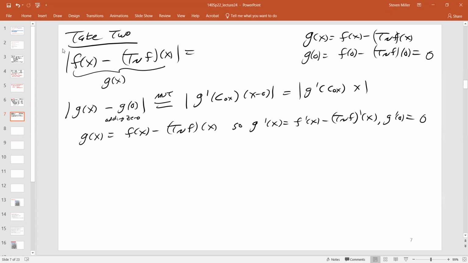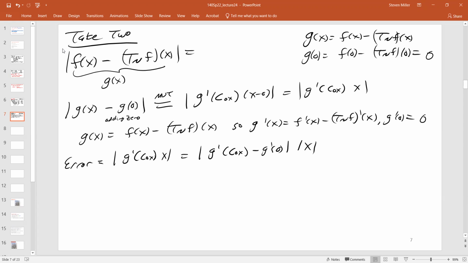So what I can do now is say our error is the absolute value of g prime c0x times x, which is g prime c0x minus g prime of 0, times x. And now how can I study g prime c0x minus g prime of 0?